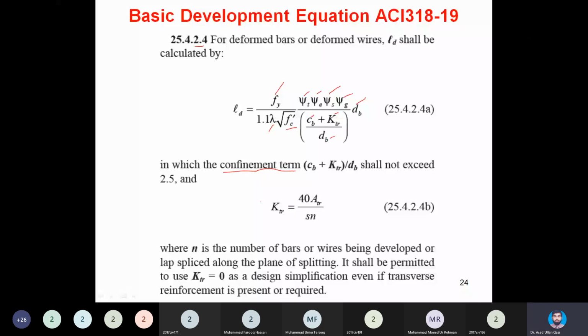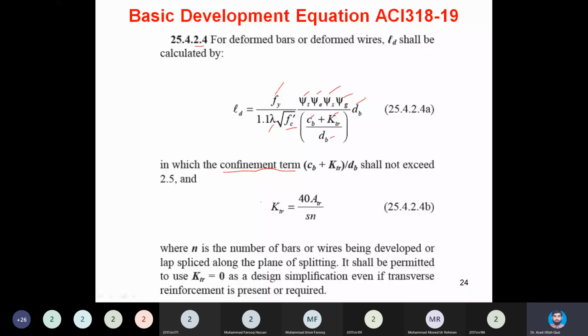As a matter of fact, it is understandable that if a bar is under development, the presence of confinement around it will improve the bond strength, and hence the LD demand will reduce.